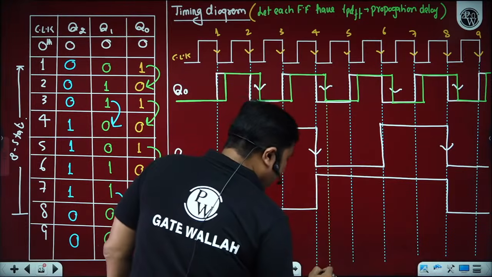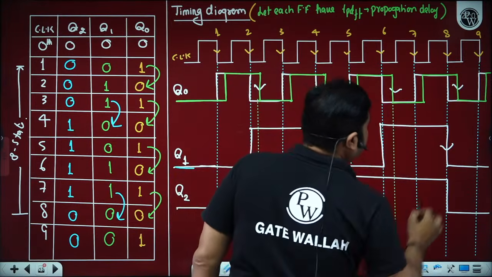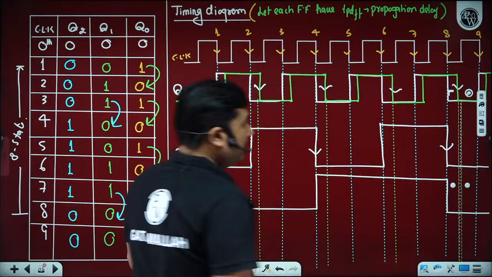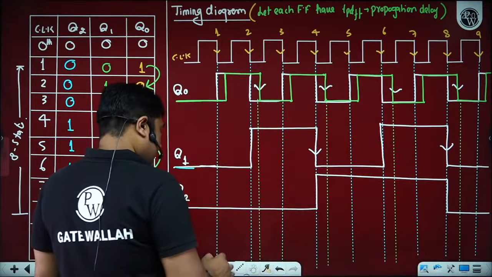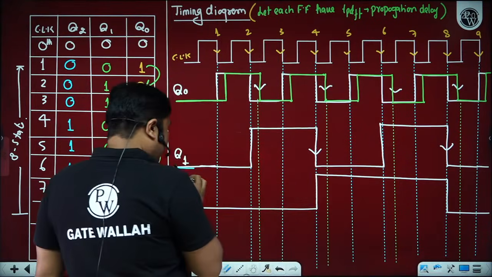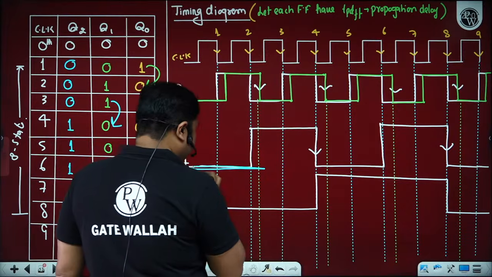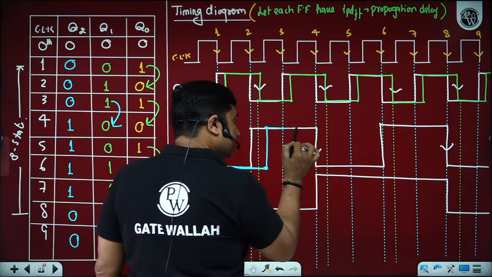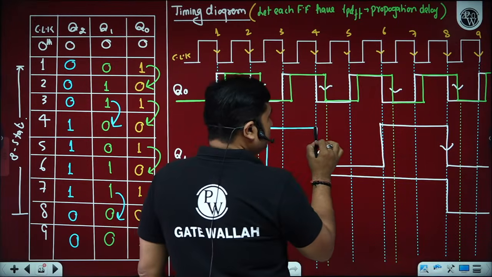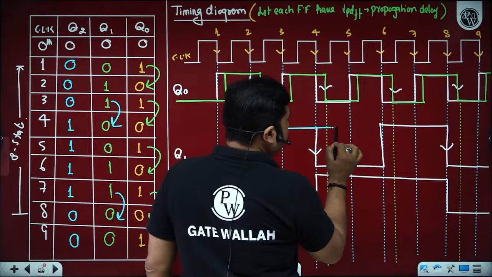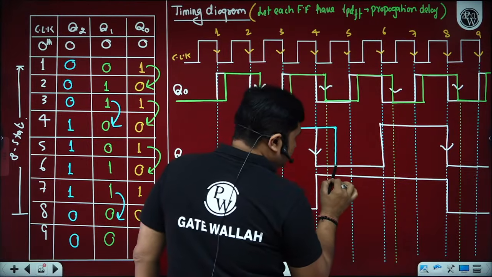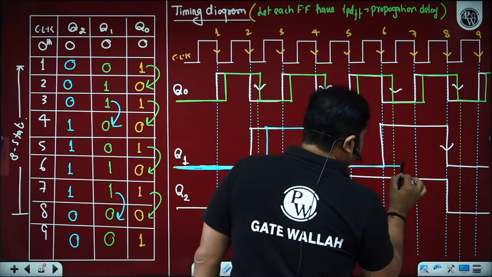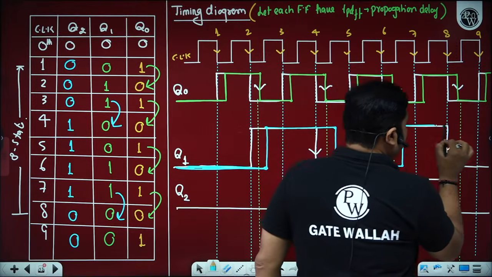So when the clock appears, it would take further TPDFF time to respond and change the output. So output will not change here. Instead, output is changing at the positions indicated by the blue line.